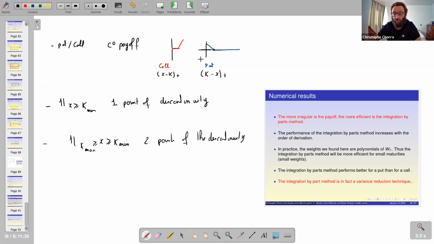So since we have obtained weights that are polynomial in the Brownian motion, the weight is potentially big here, while here it will be bounded in all situations. So that's why I obtained this.